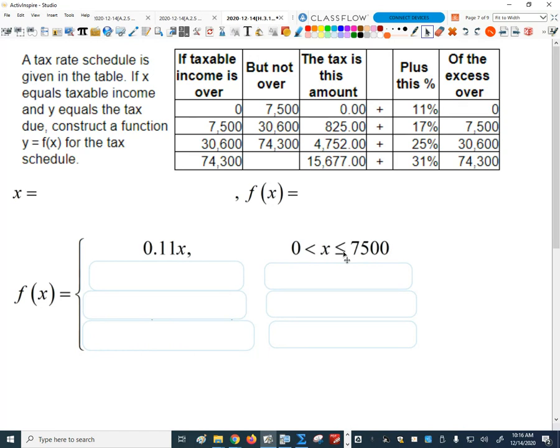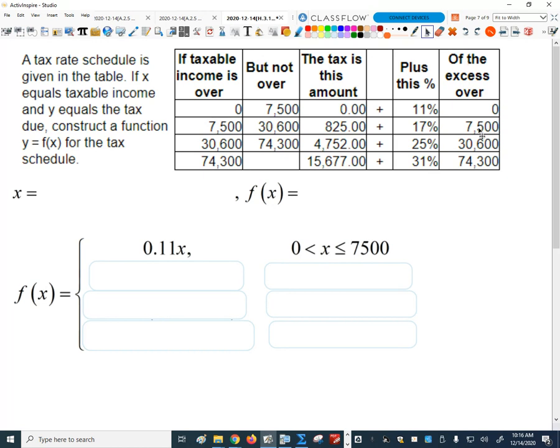Other Rebecca, what's my equation going to be here? So how much am I paying in row 2? Would it be 0.17? 0.17 is the rate, good, times the amount over 7,500.